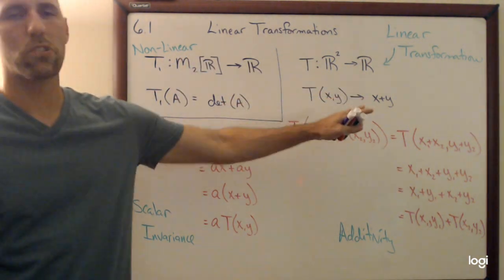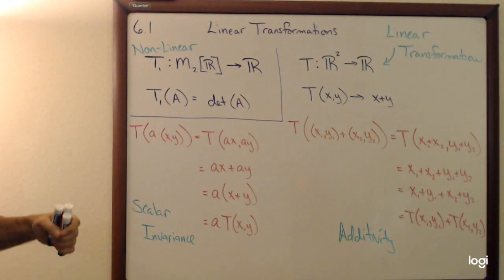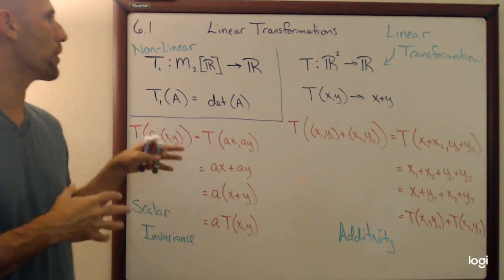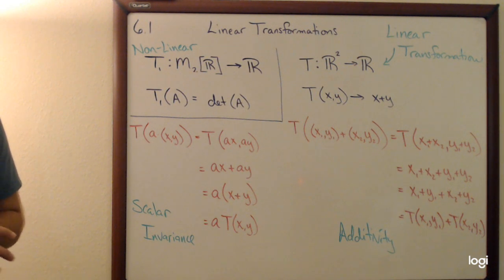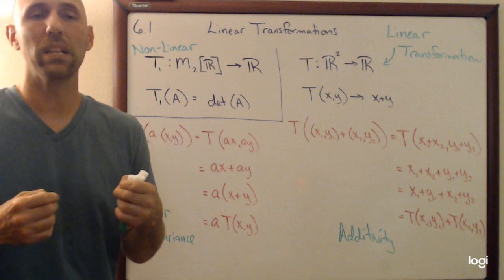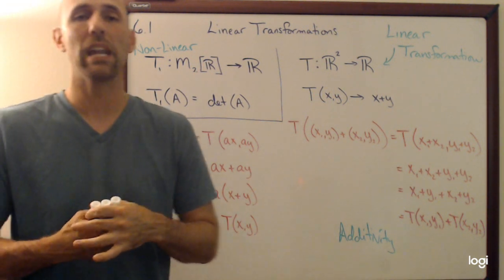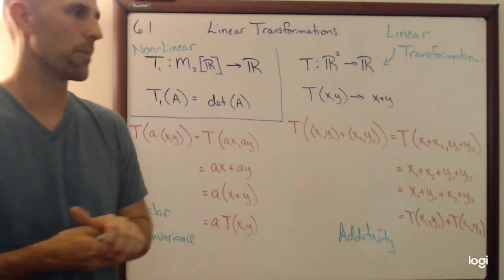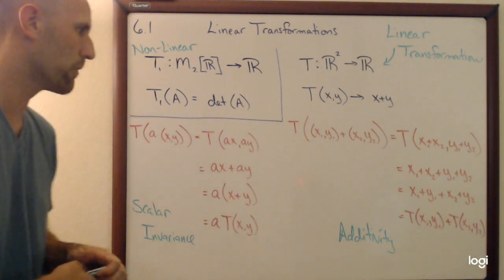Okay? Linear transformations have a bunch of very nice properties, and that's what we want to focus on in section 6.1, specifically on linear transformations, and the ability to take a transformation, look at it, and determine whether or not it's linear. Well, I say look at it, but there's some work involved.